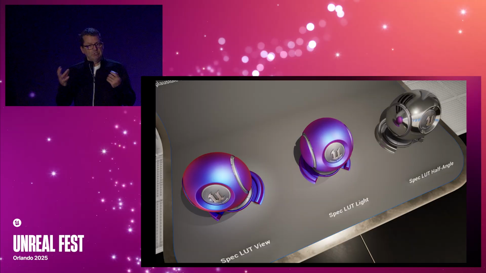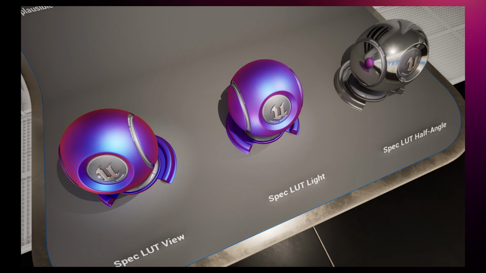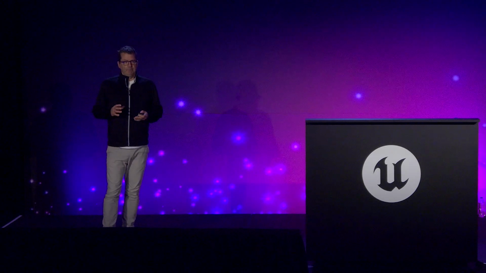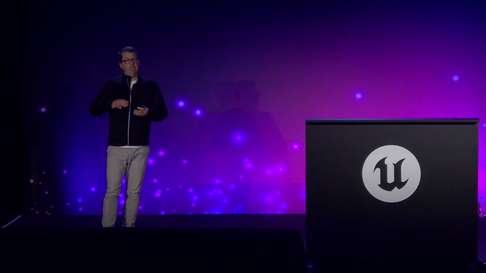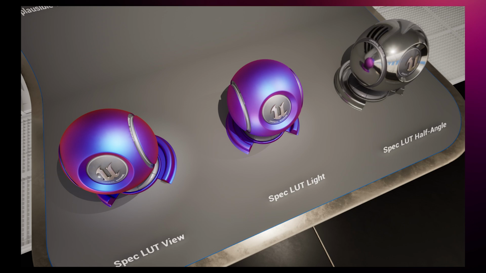And then you can control with custom tools, which we refer to as the custom specular profile, how the material will behave with regard to directionality from either the view angle or the light. So in those examples, we're showing the color changing based on the view angle. That actually allows you to create very complex effects, such as pearlescent car paints. We're going to get into that a little bit later.